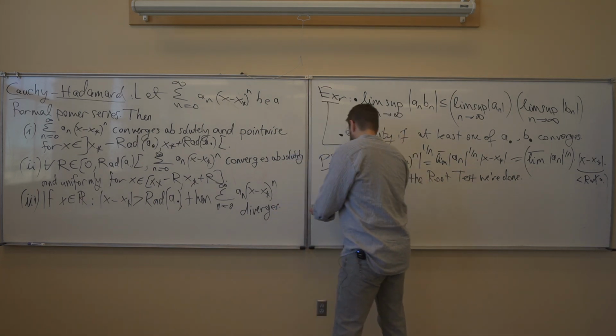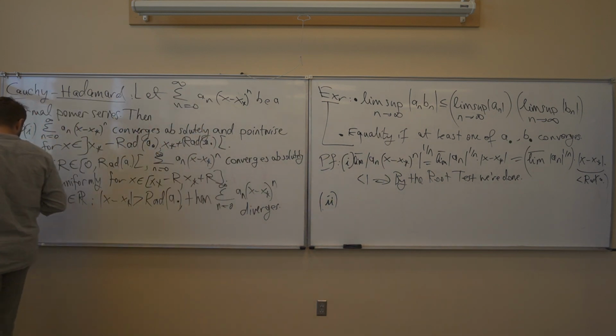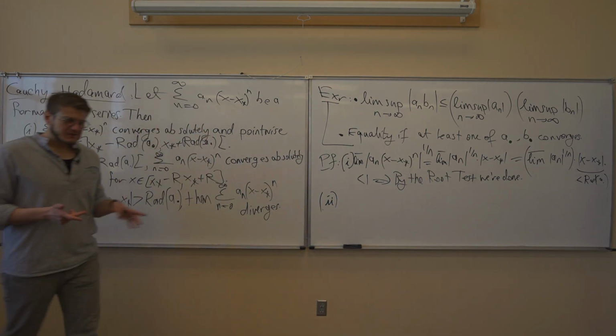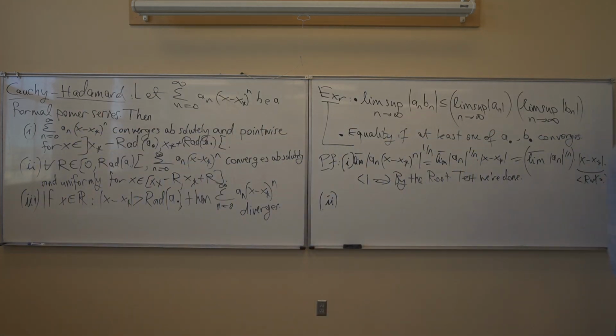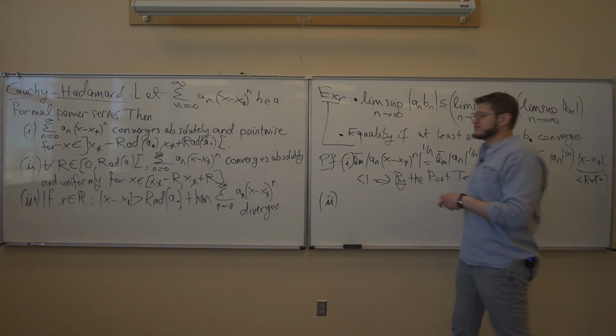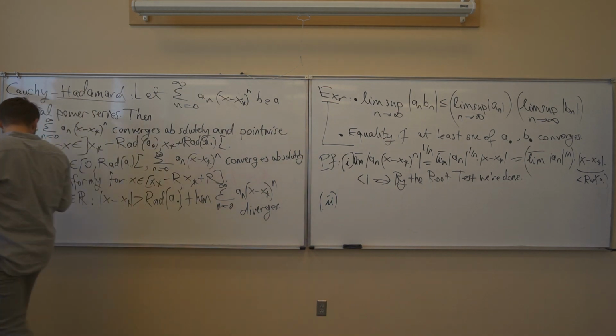So the M-test says the following. Remember? It says that if you have a functional series, and if the numerical series consisting of the C0 norms of the terms that are the functions converges, then the functional series converges uniformly. That's what it says.